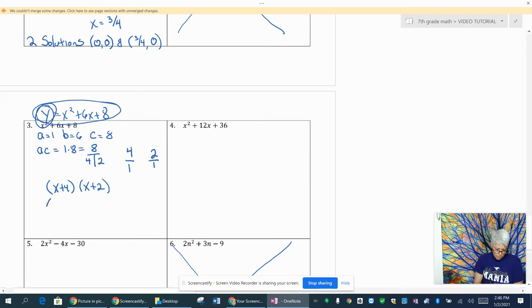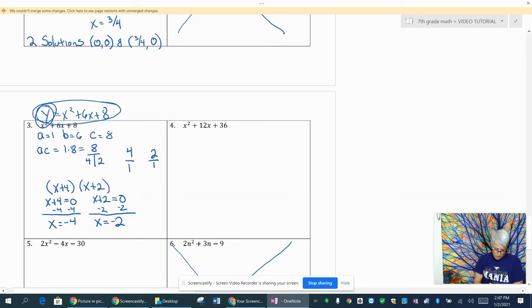So if I put this to 0, if y is 0, x plus 2 is 0. If y is 0, what will x be? Minus 4, minus 4. X is negative 4, minus 2, minus 2. X is negative 2. So again, I have two solutions here.